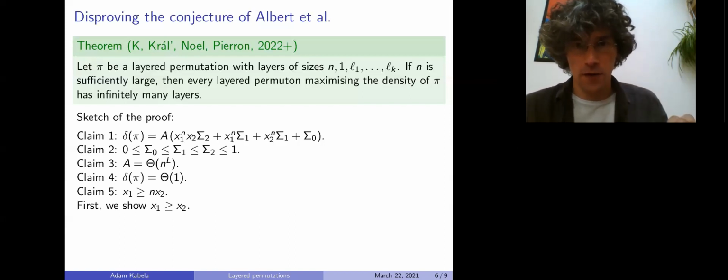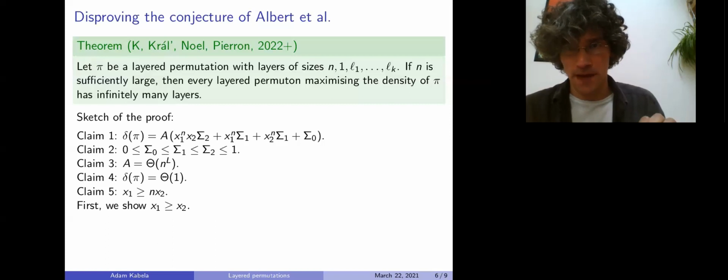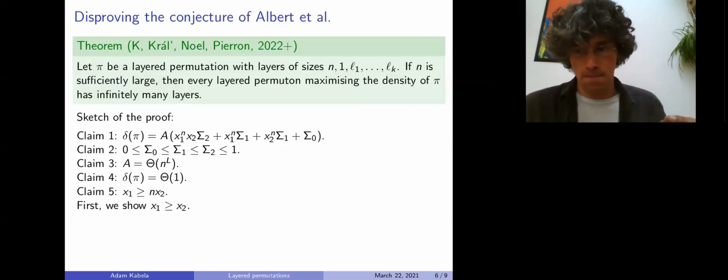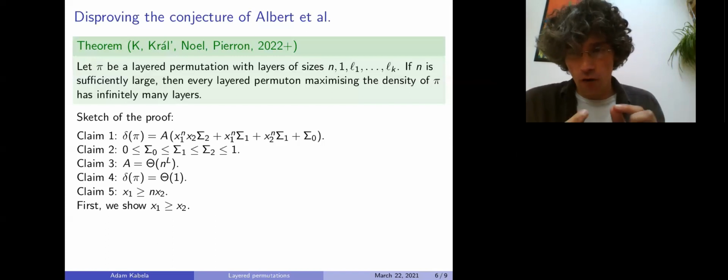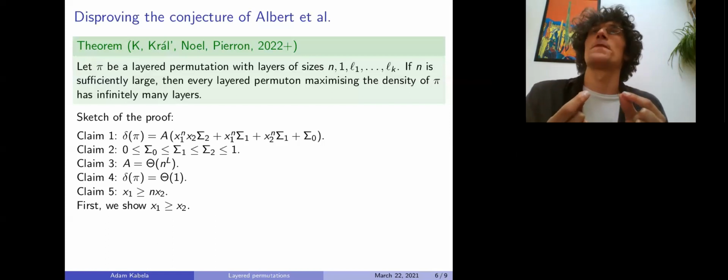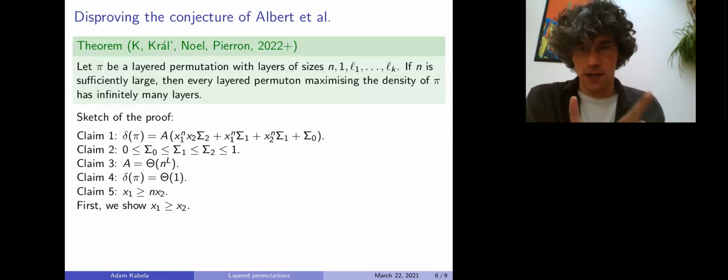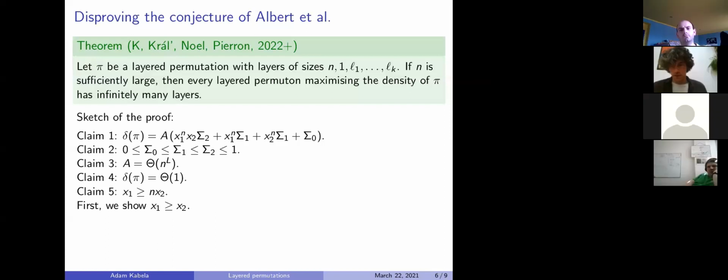we think of the permutation considered, that is the permutation maximizing the density of phi. We think of the first 2 layers of the maximizer, and we think what happens if we just swap the first 2 layers.